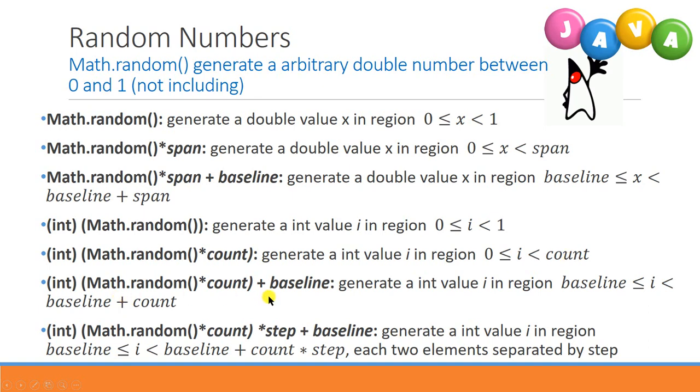And then if we plus a baseline, we will move the range from baseline to baseline plus count. And these are only the integer samples. And then if we times the step, we will get a total of count elements, each one separated by the step, starting from the baseline.